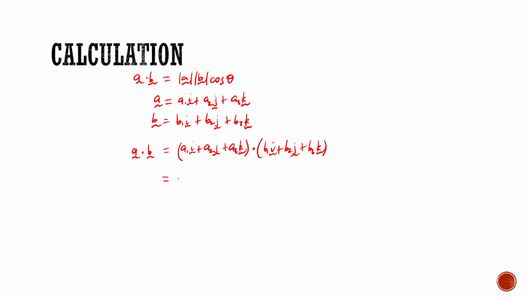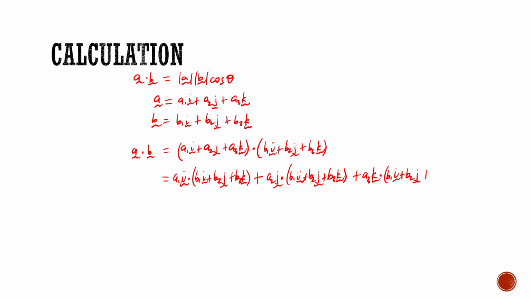Now the dot product is distributive, so we're allowed to have a1i dotted with b1i plus b2j plus b3k, plus a2j dotted with b1i plus b2j plus b3k, plus a3k dotted with b1i plus b2j plus b3k.